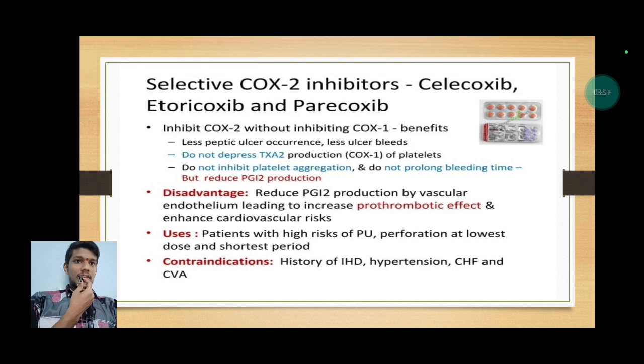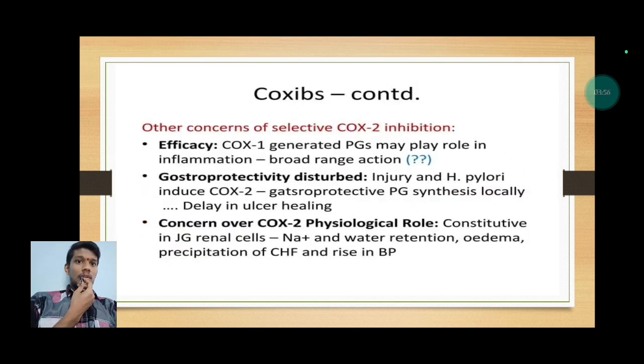Let's move on to the next topic. COXIB contraindications. Another concern with selective COX-2 inhibitors is efficacy. COX-1 generated prostaglandins may play a role in inflammation, so a broad range of action is needed. Gastroprotectivity is disturbed: in injury and H. pylori infection, induced COX-2 gastroprotective PG synthesis is locally inhibited, delaying ulcer healing.